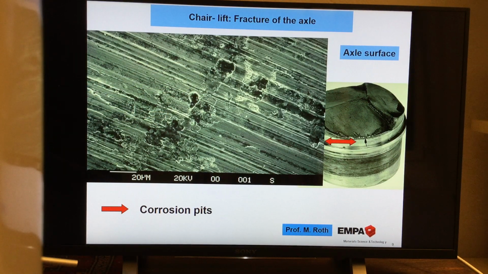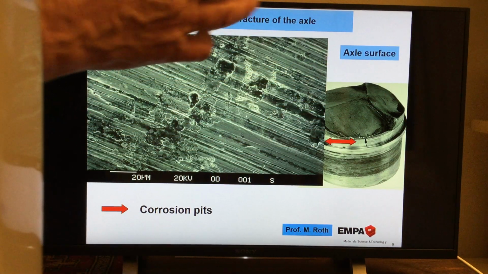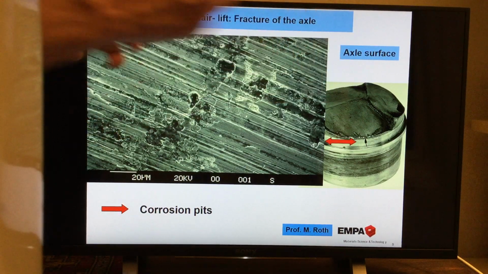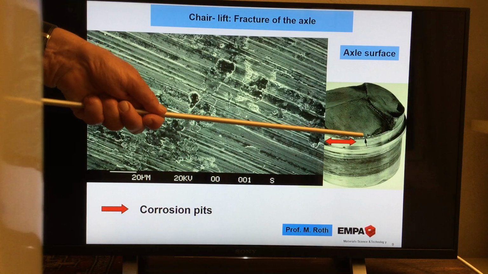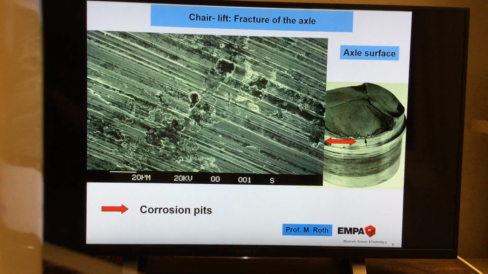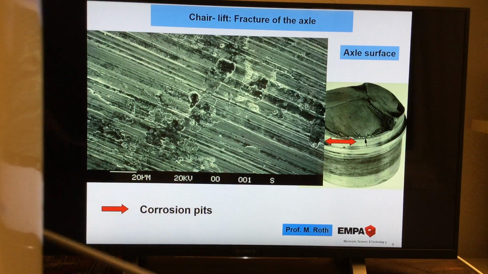The question is why they are coming from and what is their influence. You imagine this scale here, they are very, very small, and finally we have here this component, this axle with such a big diameter. How can they influence that there really starts a crack and growing here inside? It's unbelievable. It's really unbelievable.